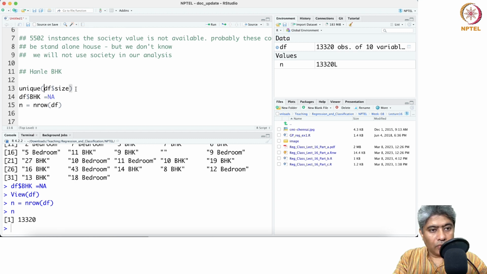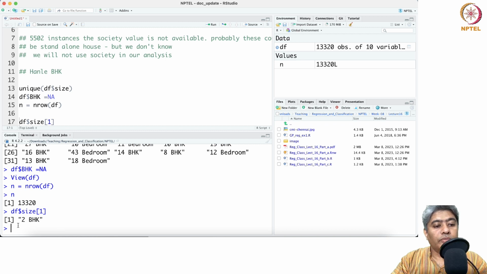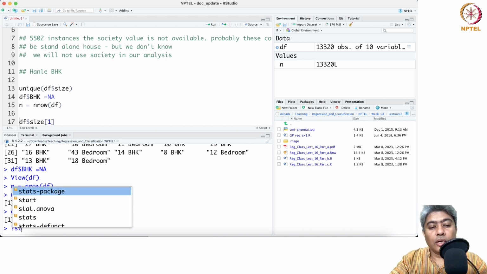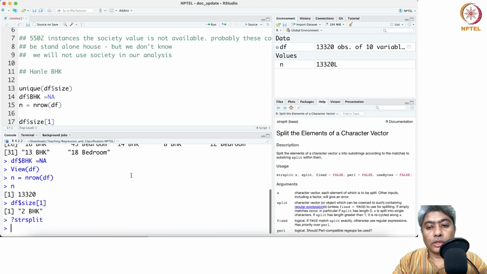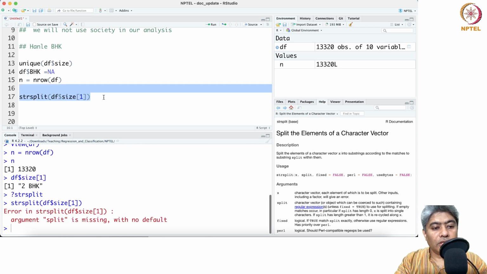First, let us take the first case. It is 2 quote unquote BHK, right? Now I'm going to call a function called strsplit, which splits the elements of a character vector. Let me first run this.